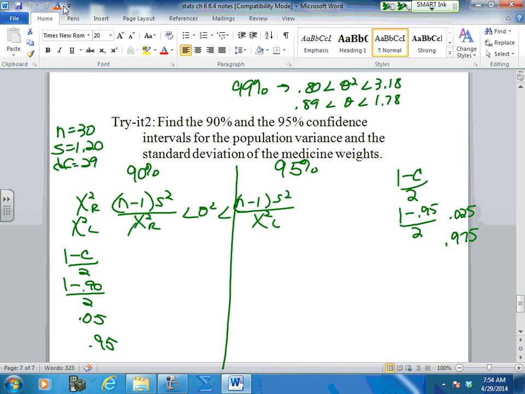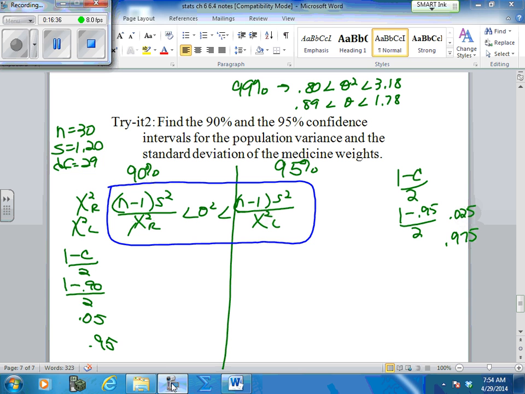Give me a 90 and a 95. Take a minute. The numerators are exactly the same for both of these: degrees of freedom, standard deviation squared.